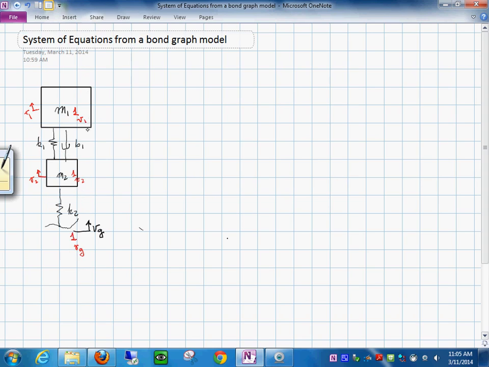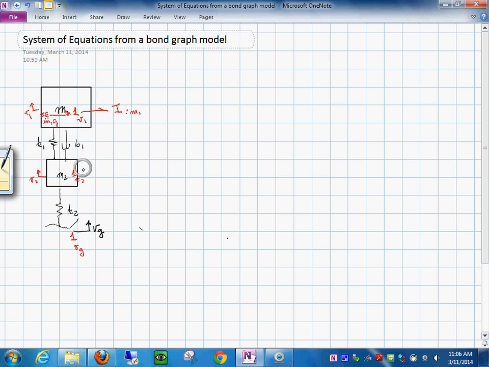A second step was to attach the elements that see those velocities. Then obviously in here we have an I element like that with value m1, and we also have the weight of this, which is modeled as a source of effort with value m1g.